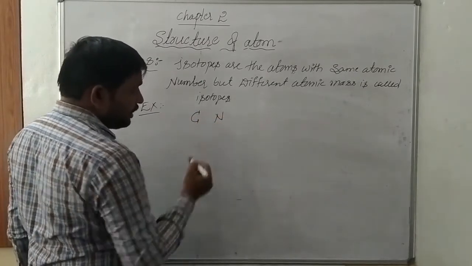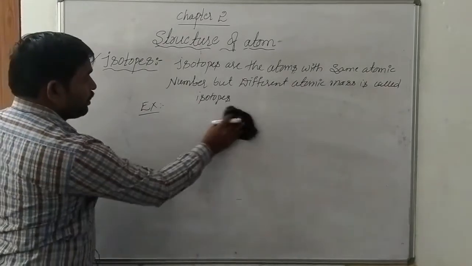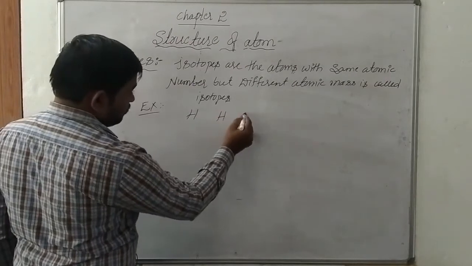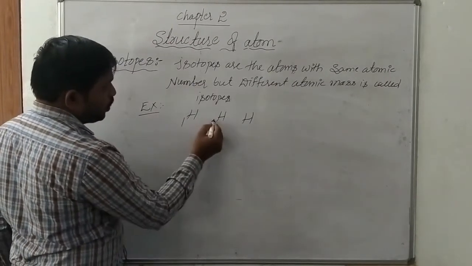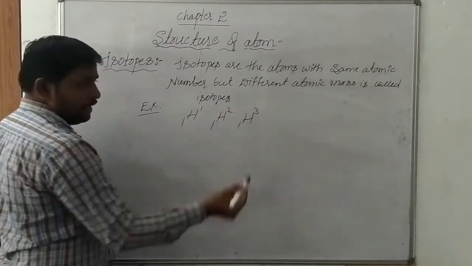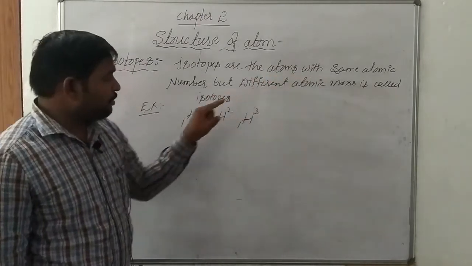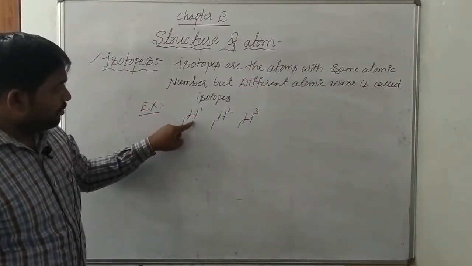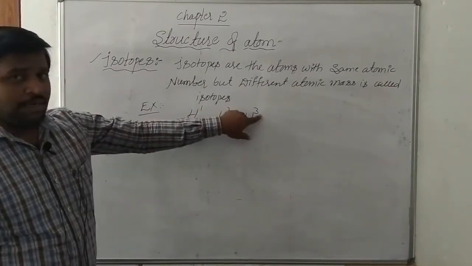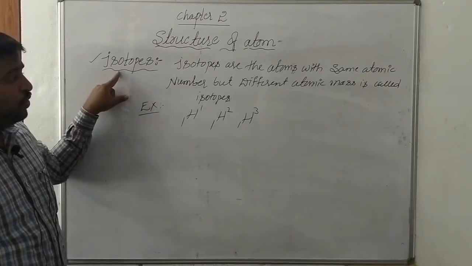You can take one more example, that is hydrogen: 1 1, 1 2, 1 3. So what do you mean by isotopes? Isotopes are atoms with the same atomic number but a different mass number. This is the definition of isotopes.